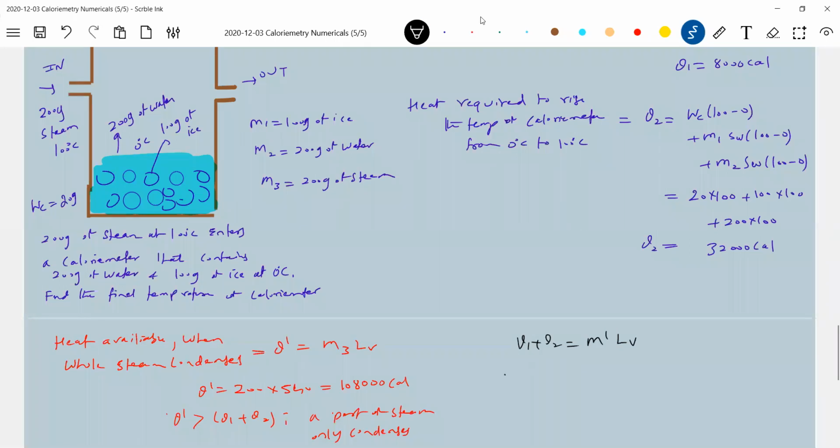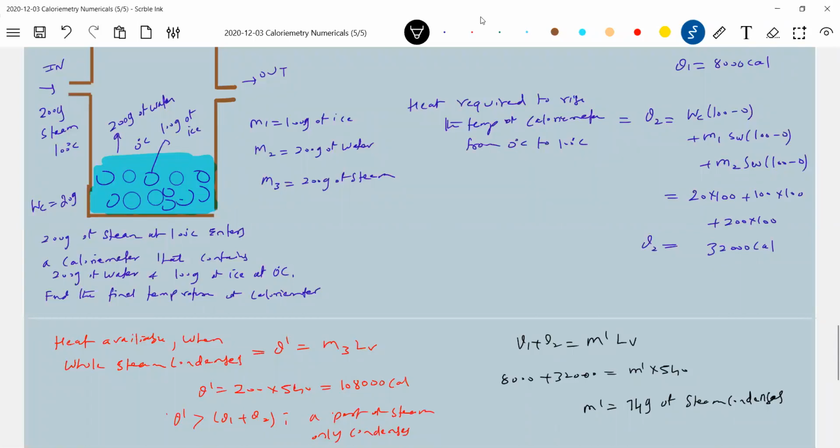So this will be 8,000 plus 32,000 equals M dash into 540. The value is 74. So 74 grams of steam condenses.